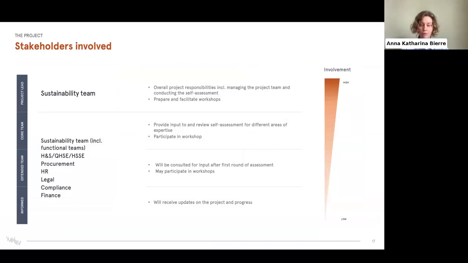In all projects, the project lead has been anchored within the sustainability organization, either in a generalist sustainability function or within a specialized sustainability function. And the role of the project lead is to, of course, have the overall project responsibility, managing the internal project team, but also conducting the self-assessment. So, of course, a lot of workload is on those project leads.